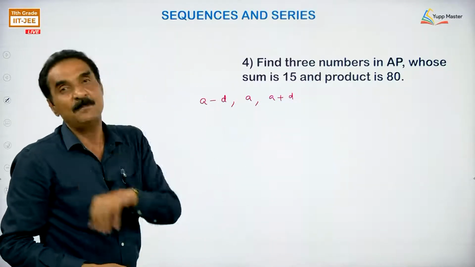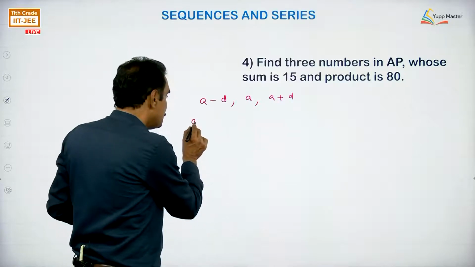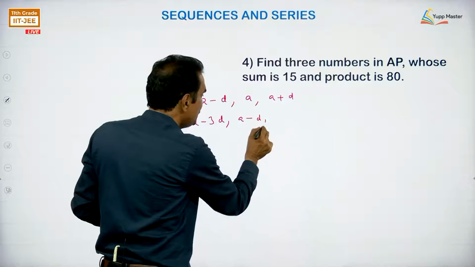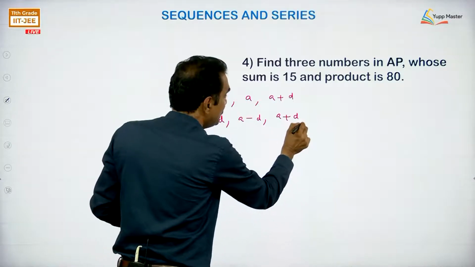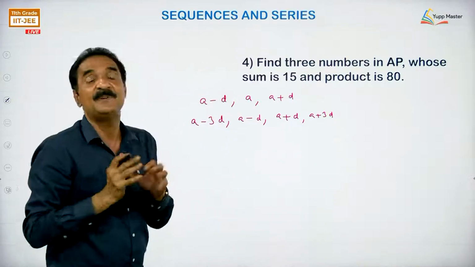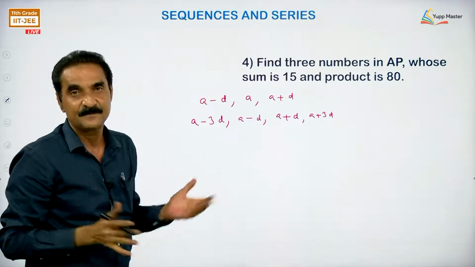Similarly, if four numbers are in AP, you take the numbers as A minus 3D, A minus D, A plus D, A plus 3D. Then the calculation will be very simple, nothing else.